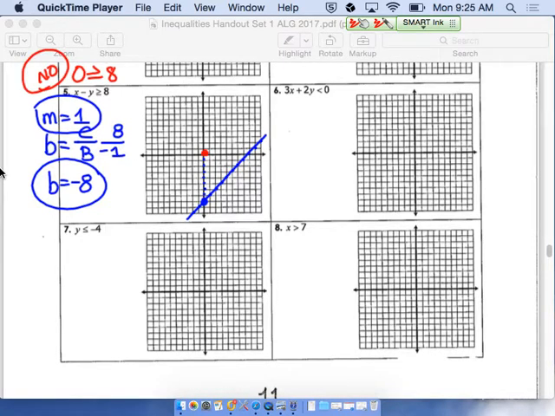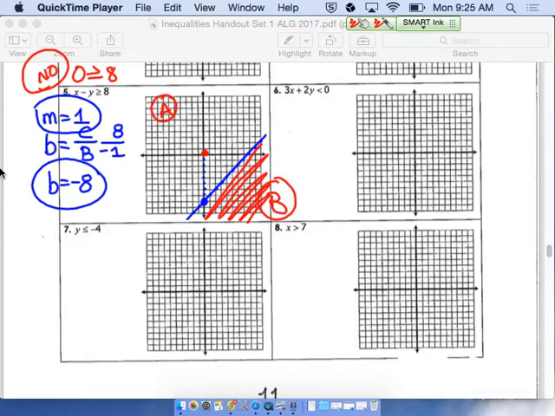So that means that I'll call once again region A and region B. Since region A contains 0, 0, that means that any ordered pair in region A would not be a solution. Since when testing 0, 0, I got a false statement, that means I'm going to color below the line. So the red shaded region would contain all of the ordered pairs that would make this inequality true.